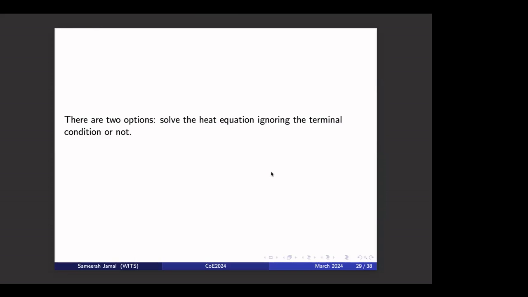So once you have the heat equation, you have many options thereafter as to how you would proceed to a solution. One of the very popular ways is to just ignore the conditions like the initial or terminal condition. Many symmetry studies do that.